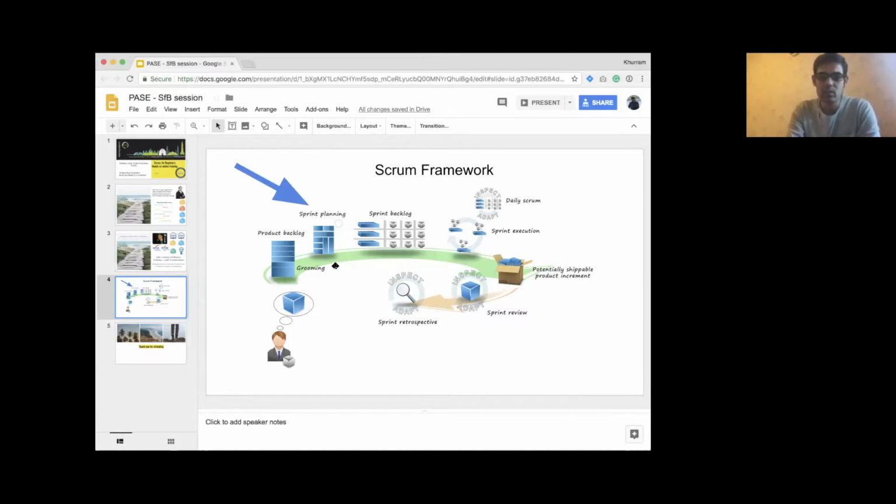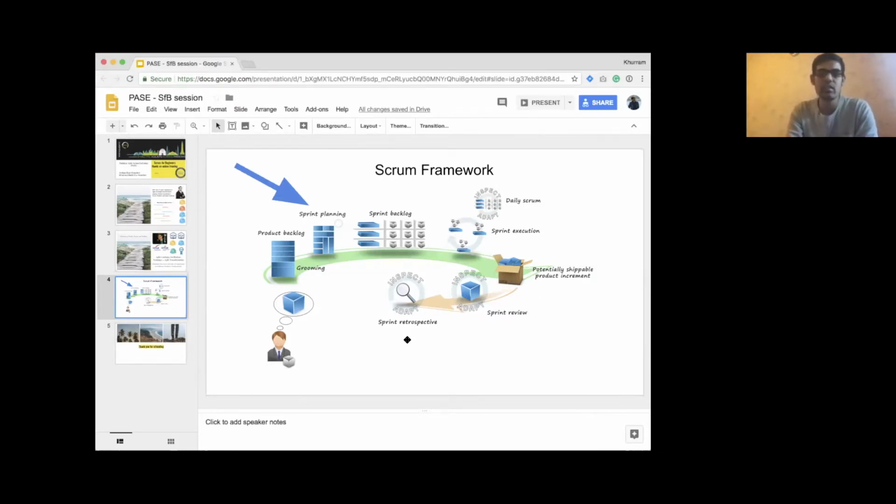So Scrum has overall 4 official events, and one is the sprint planning. On top of it, we have a daily stand-up meeting. Then we have the sprint review meeting. And the fourth one is the sprint retrospective.